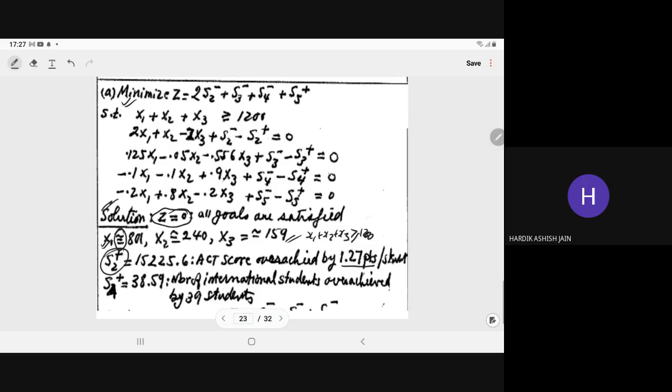So you can see that from here only that goal 1 is satisfied, so need not go for the solution. Directly from here you can say that all goals are satisfied for this question also.